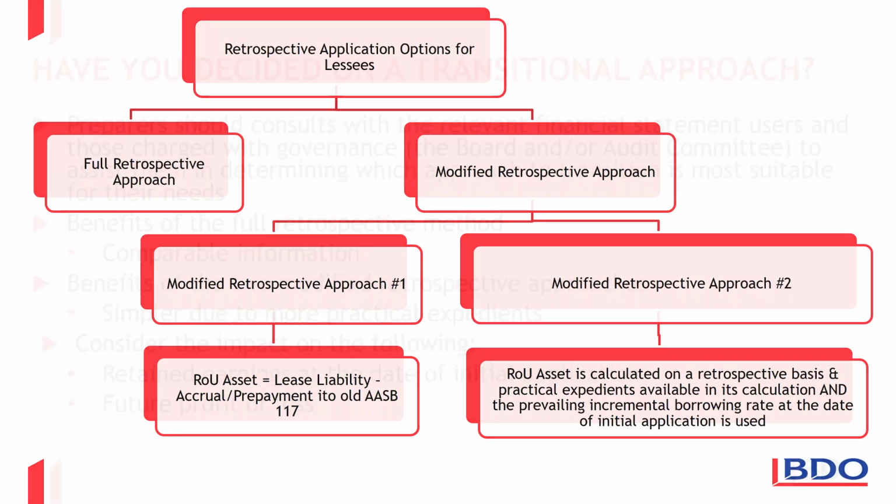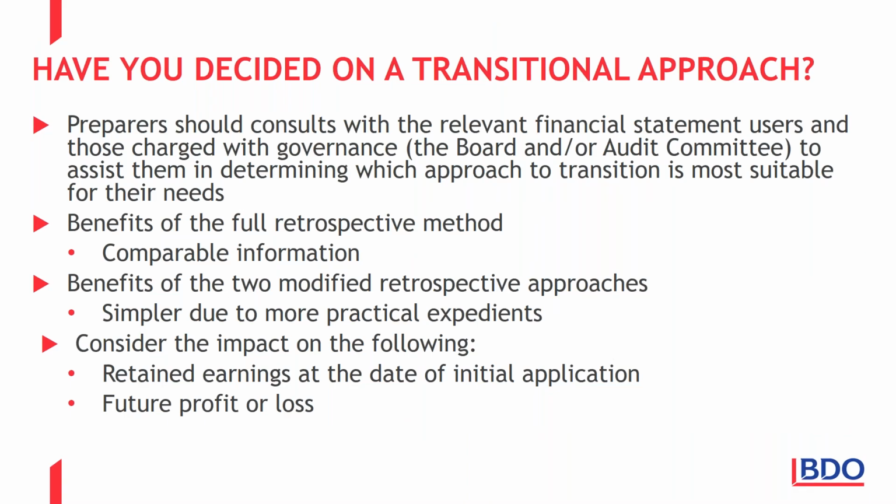So it's really important, even when we look at disclosures, to consider whether you've decided on a transitional approach. I think it's really important that finance teams consult with the board or the audit and risk committee or the audit committee to decide on an approach that's best for the business and the business needs, and not necessarily just the easiest approach. So the full retrospective method gives you beautiful comparable information.